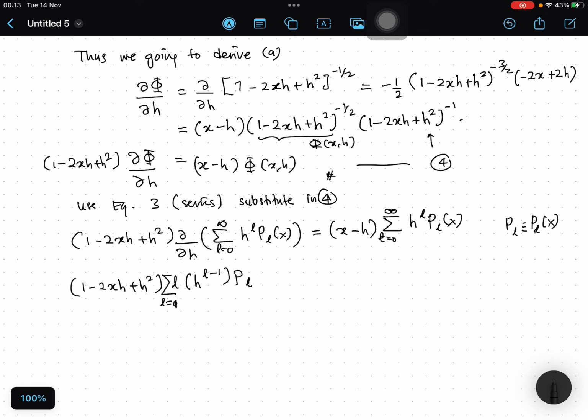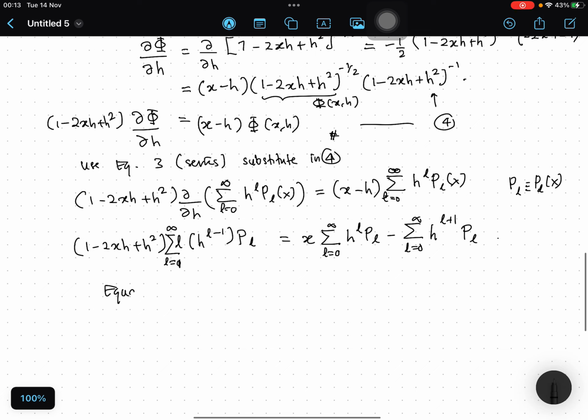Then you have to start with 1, because you have differentiated one time, and then you can just expand this series, and then you have hl pl minus L0 hl plus 1 pl. So you have to equate coefficients with respect to hl minus 1.